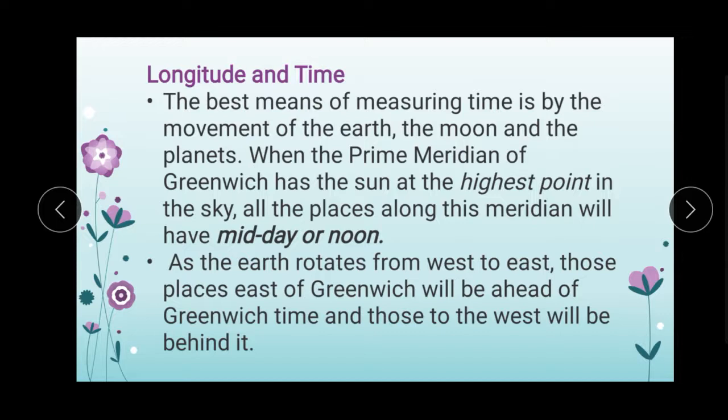That means the places east of Greenwich will have time higher than Greenwich, and the places in the west will have time lesser than Greenwich. East higher than Greenwich, west lesser than Greenwich. Understood, children? So now we'll see this with an example.